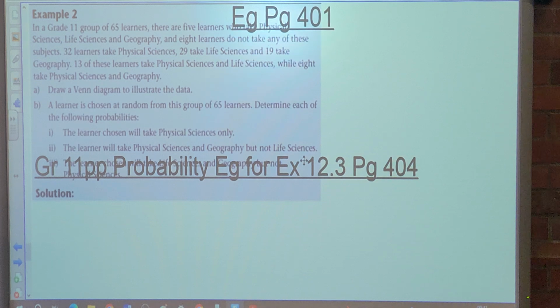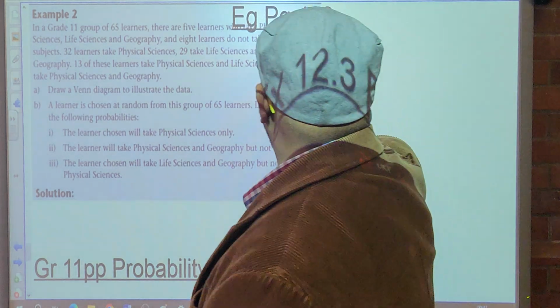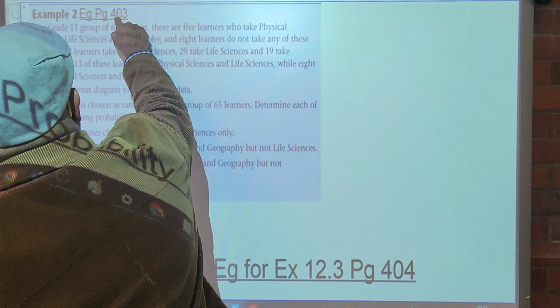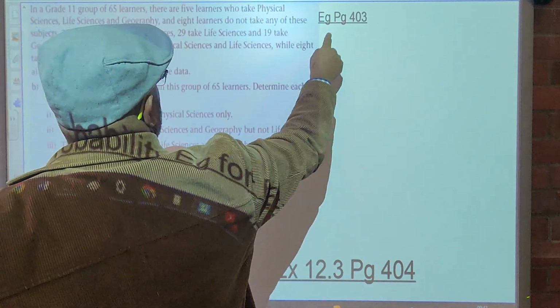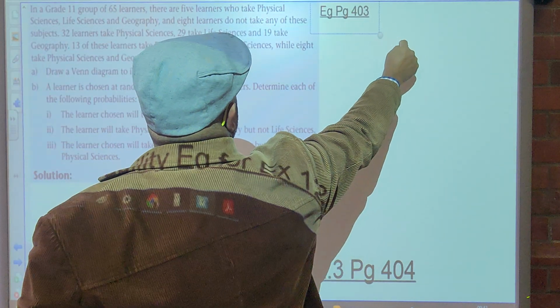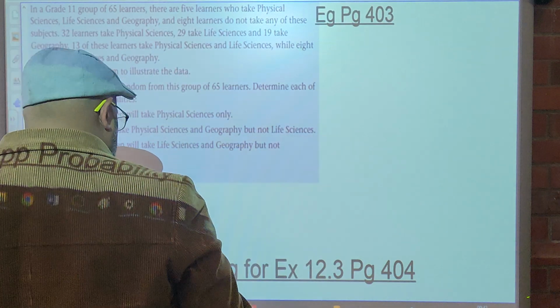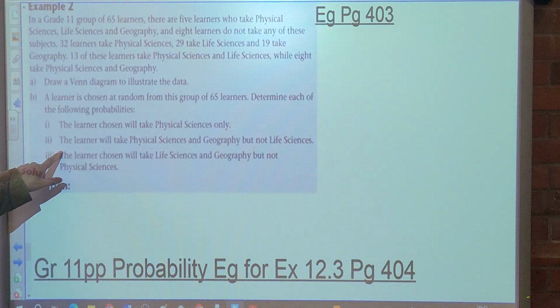Example 2 is on page 403. The full lesson also can be found in the description box below. We have actually done parts of the exercise. I think I did all the odd numbers. Let's look at example 2 on page 403.